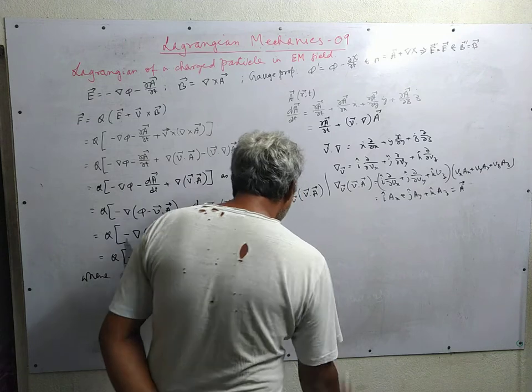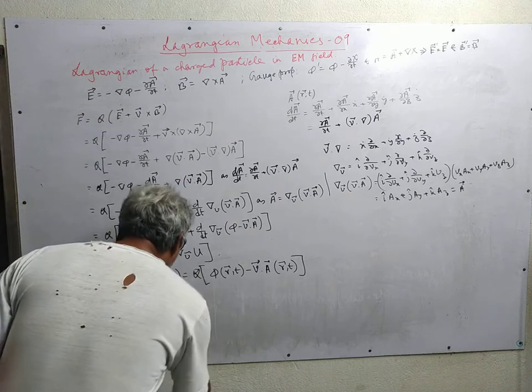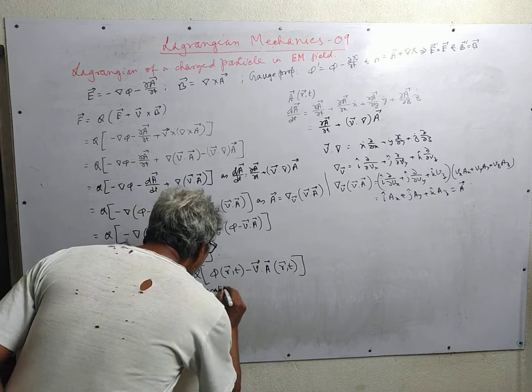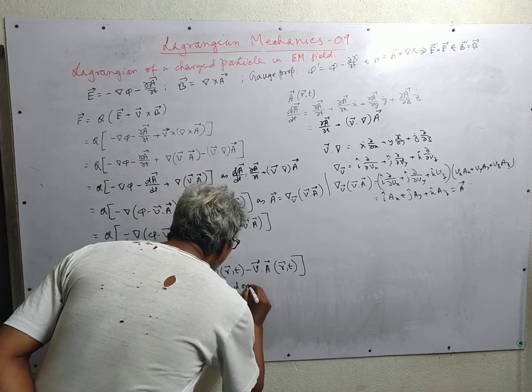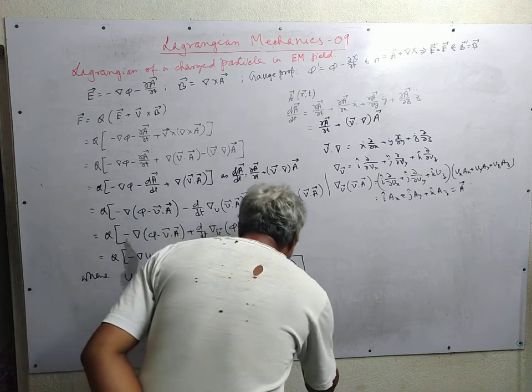So this is known as the generalized potential or the velocity dependent potential.